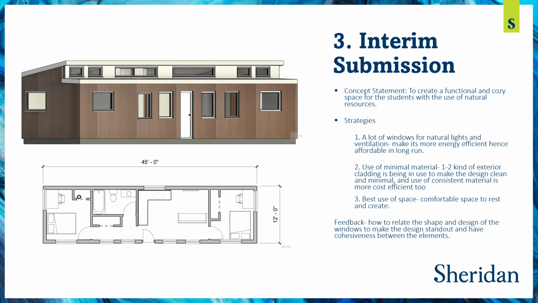And the third strategy was to make the best use of space to make it a more comfortable living space for students. So in my tiny house, we can clearly see that I have broken the boxy shape of the tiny house by having that interesting roof, which also allows me to have a lot of windows for ventilation and lighting, and it also connects my tiny house with the outside environment at the same time.